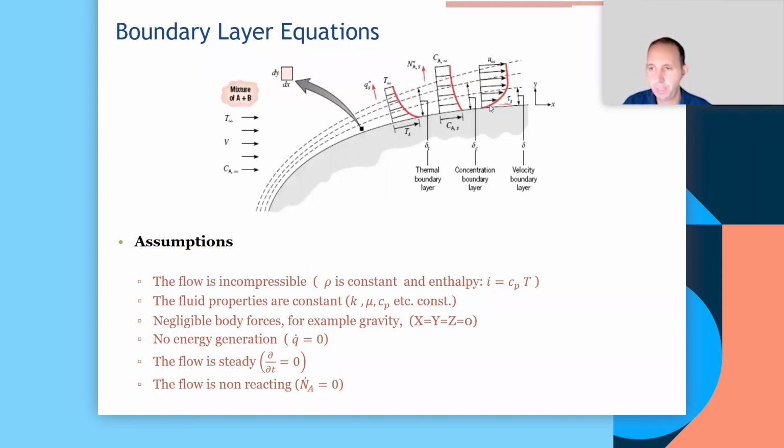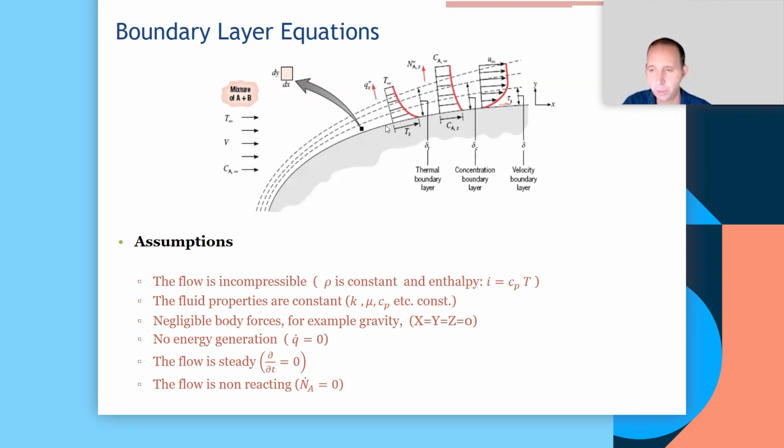In other words, it means that the flow is parallel to the surface at any point. So if you look at yourself here, the flow is parallel here, here it's parallel to the surface. The velocity profile in red shows that the velocity u varies quite a bit in the y direction. You've got a significant gradient in u as you move away from the surface. But in fact, there is very little change as you move along the x direction.